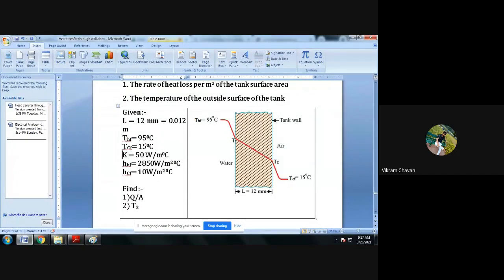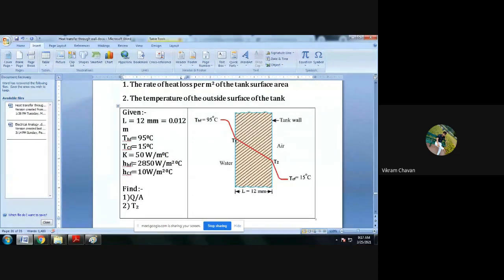Also remember the difference between the units. Watt per meter degree Celsius is the unit of thermal conductivity, whereas watt per meter square degree Celsius is the unit of heat transfer coefficient. These two are the constants. So K is the thermal conductivity of the wall, equal to 50 watt per meter degree Celsius.